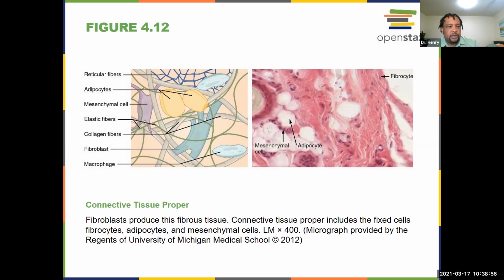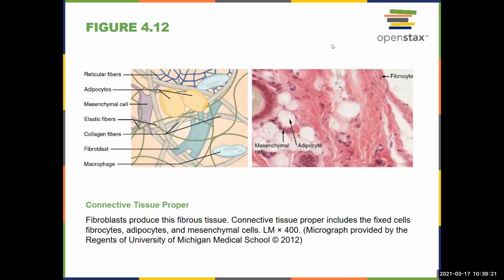Does that make sense? Yes. Okay. And in the case of connective tissue, a lot of these are fibers, right? Collagen fibers, elastic fibers, reticular fibers, because they're involved in that connective component, right? Yes.